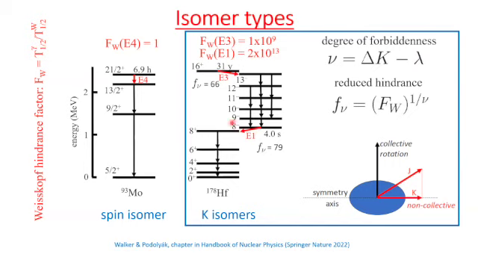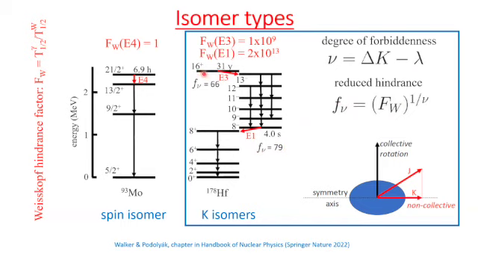For this E1 decay of the 8- isomer in hafnium-178, the change in K is 8 units, and it's called 7-fold K forbidden. And if you take the 7th root of the Weisskopf hindrance factor, you get a number which is 79 for that decay.